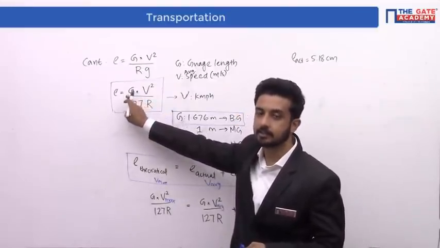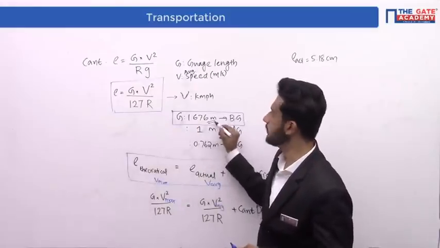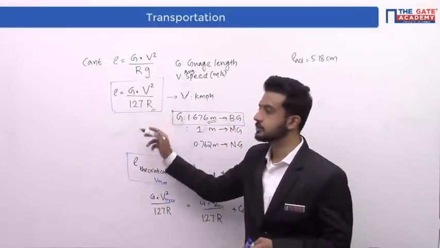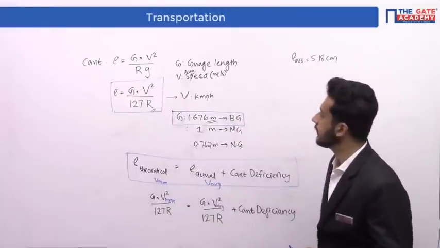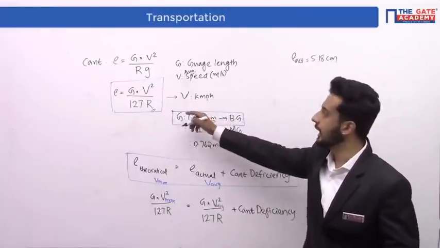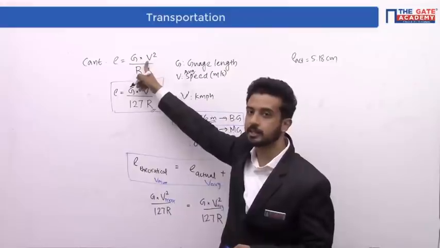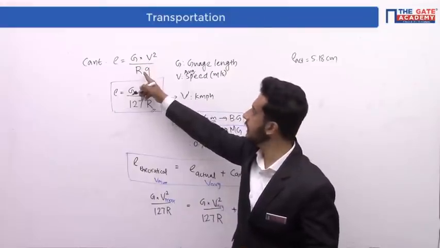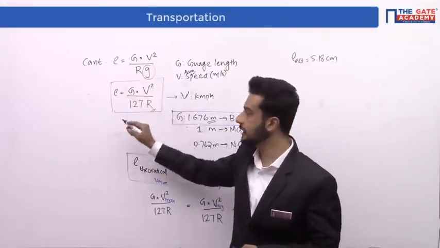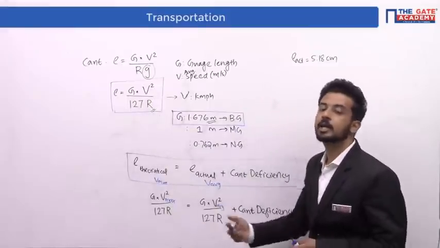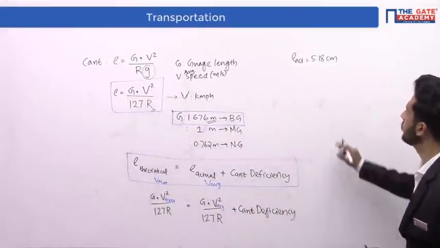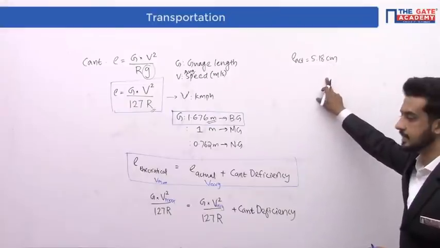Fine. See, if you are substituting the value here, the gauge length is in meter. Correct? R also we are substituting in meter. And V, if it is substituted here, it is meter per second, and we are taking care of this by converting into kilometer per hour. Fine. Now 5.18 centimeter.